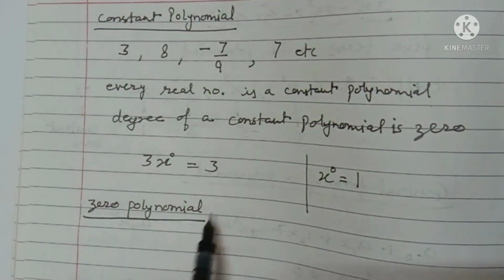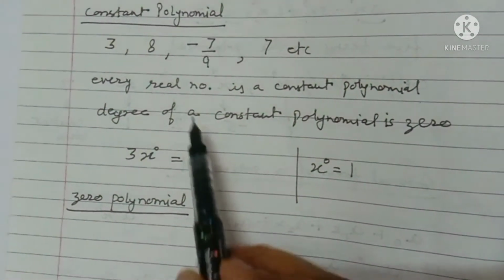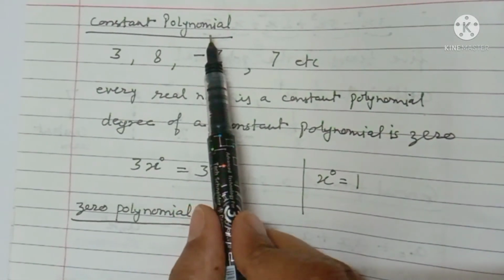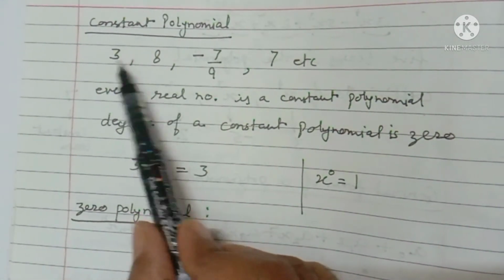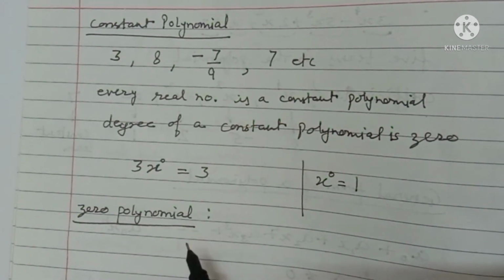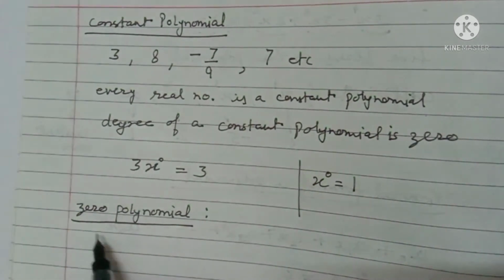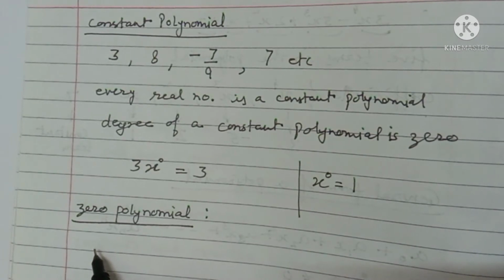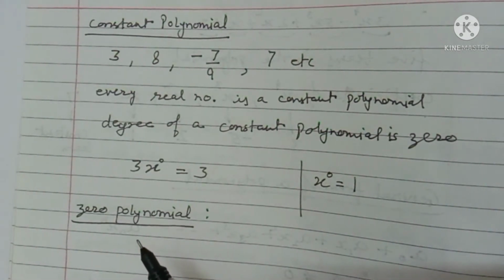Next is the zero polynomial. A constant polynomial has a constant term, and the zero polynomial has only one term, which is 0. So that polynomial is called the zero polynomial.